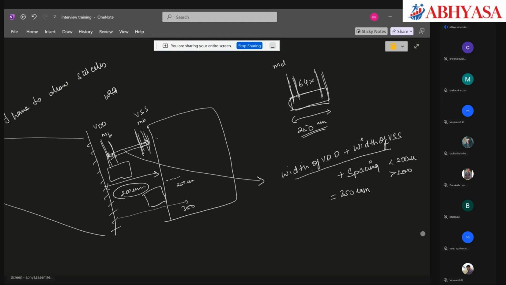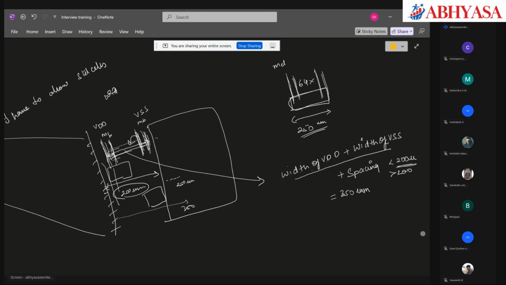Even if this is less than 200, I have calculated all the vertical resources only for the pins, right? Again, in metal 6 I have VDD VSS. In metal 5 I will again have VDD VSS, and in metal 4 also I will have again VDD VSS, right?